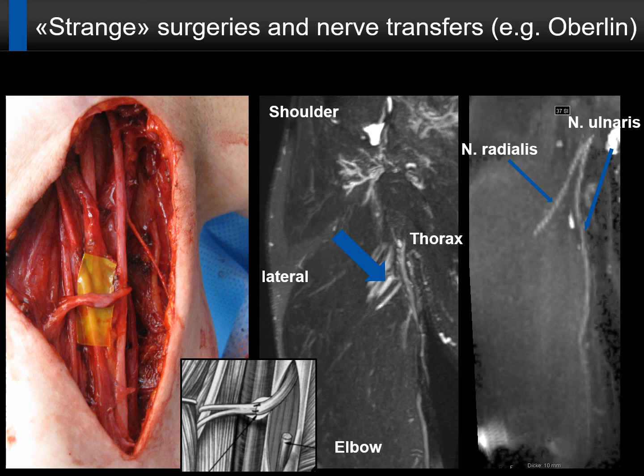They transfer nerves, they connect the nerves differently, and if you get a postoperative image such as this one, this was a so-called Oberlin surgery, then you're faced with a completely altered anatomy, and you will have no chance at all to make a diagnosis in these postoperative cases if you have not read the surgical report properly and precisely, because you need to know which nerve they connected to another. Otherwise you're completely lost.